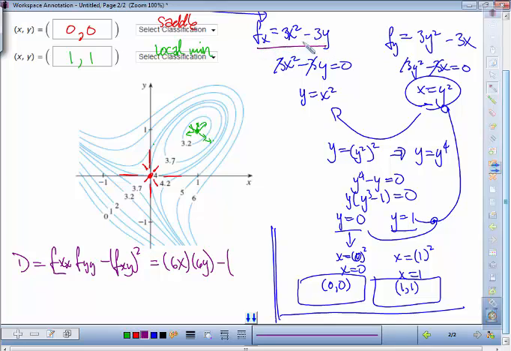So let's take fx, take the derivative of this with respect to y. It looks like I'm going to get -3. And then according to my D formula, I want to square that. So this turns out to be basically 36xy minus 9.